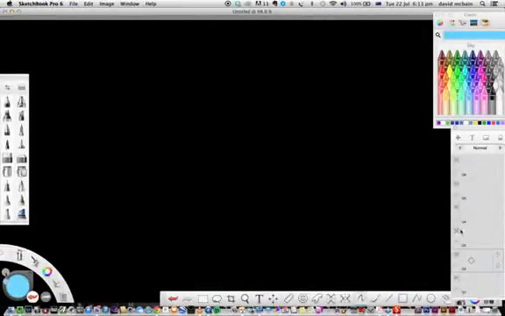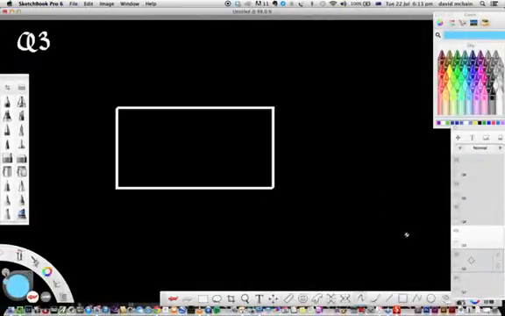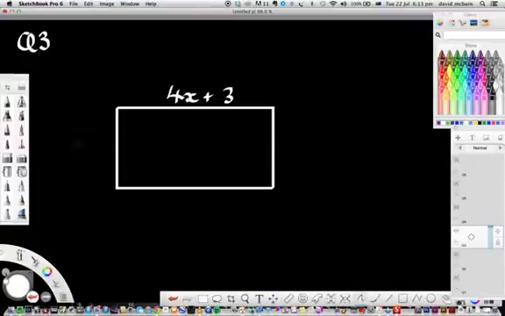So question 3, there's our rectangle, and our expressions are 4x plus 3 along the top, that's the length, and 2x plus 1 along the side here. And that side is the same as that side, and that side is the same as this side. So this will also be 2x plus 1, and this will also be 4x plus 3.